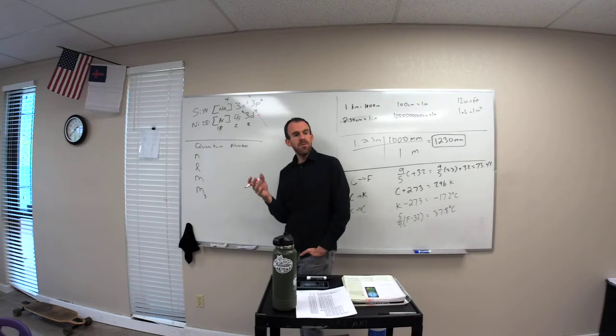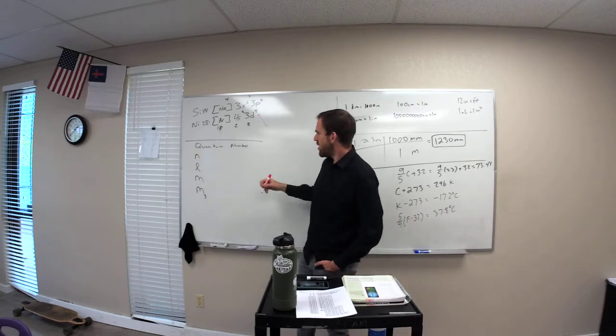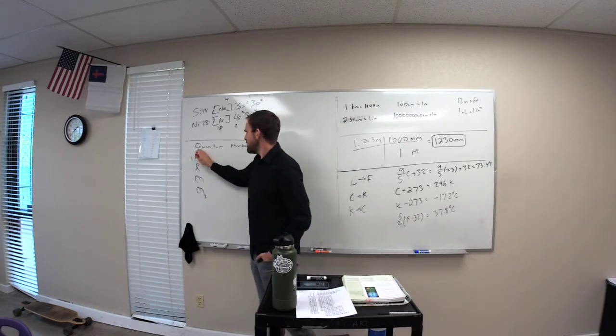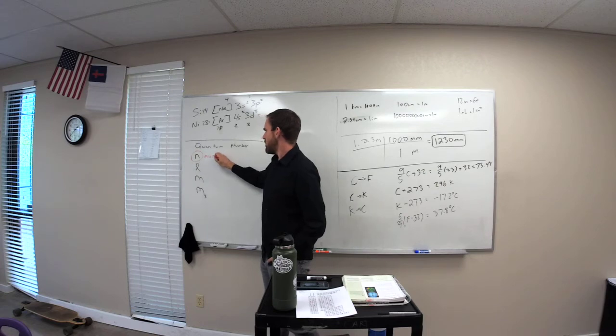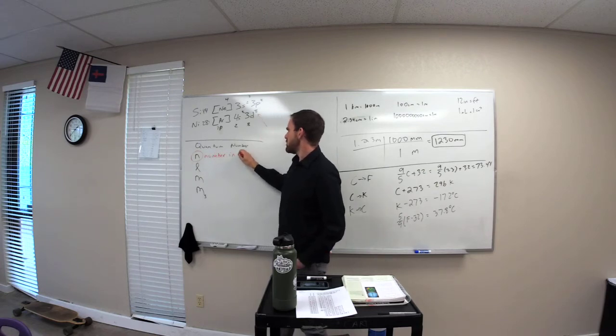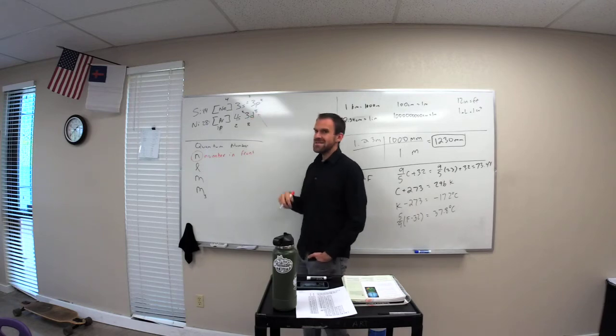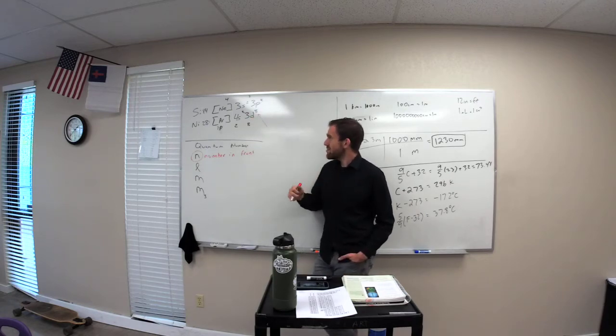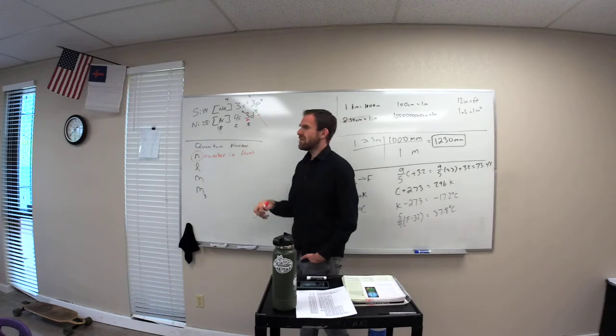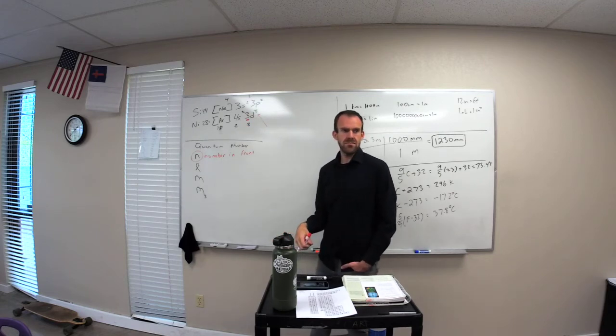A couple of things you should know. First of all, N is simply the number in front. So for that last electron, the 28th electron, N is simply going to be 3.